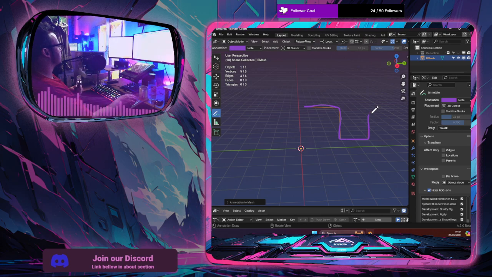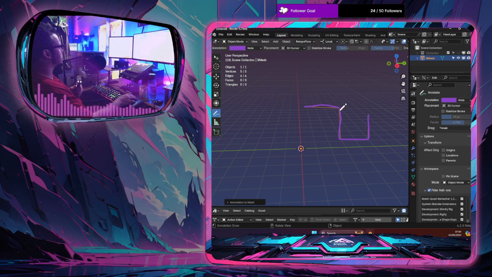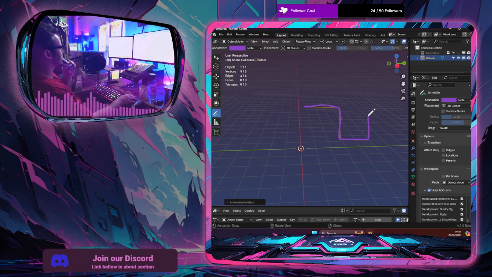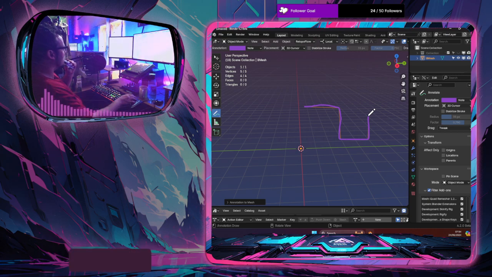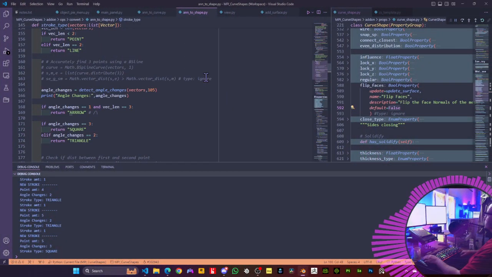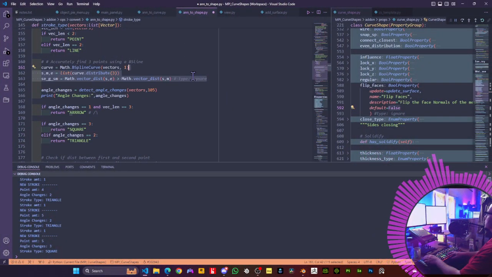I could try and make sure if this is really a square using the distance from start to end, based on distance from start to first point or middle point. So basically, where's the square?